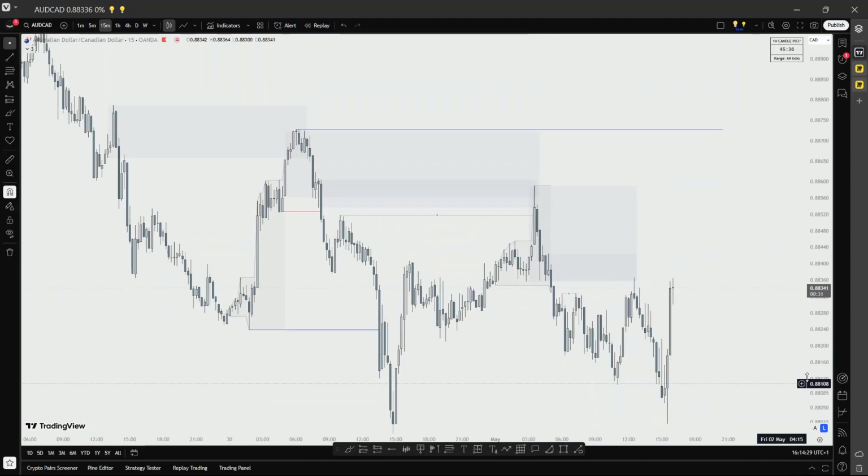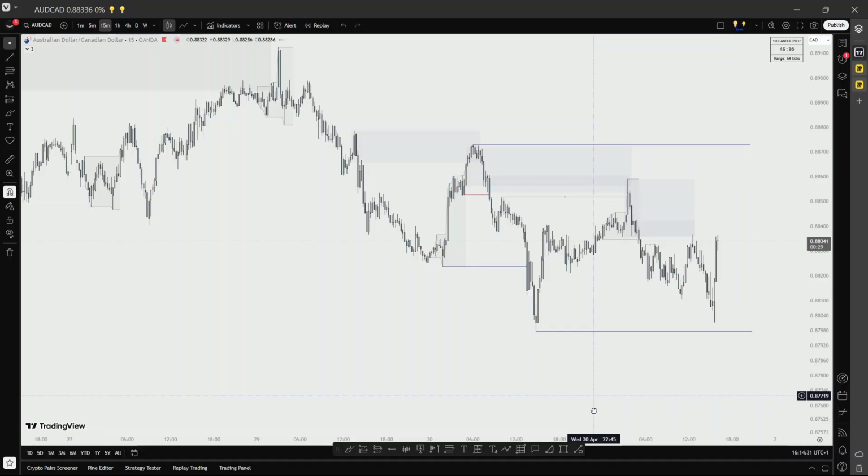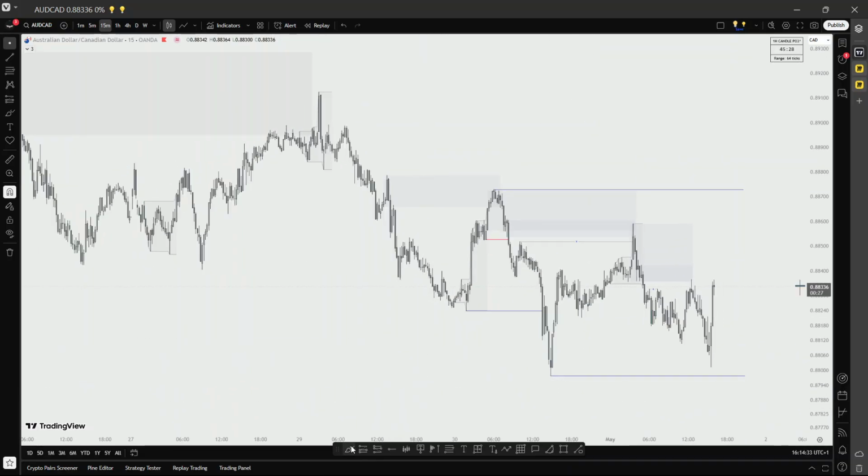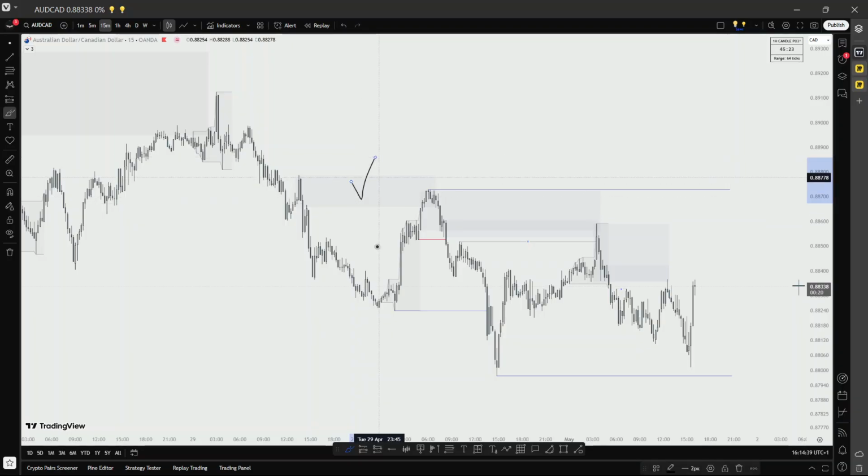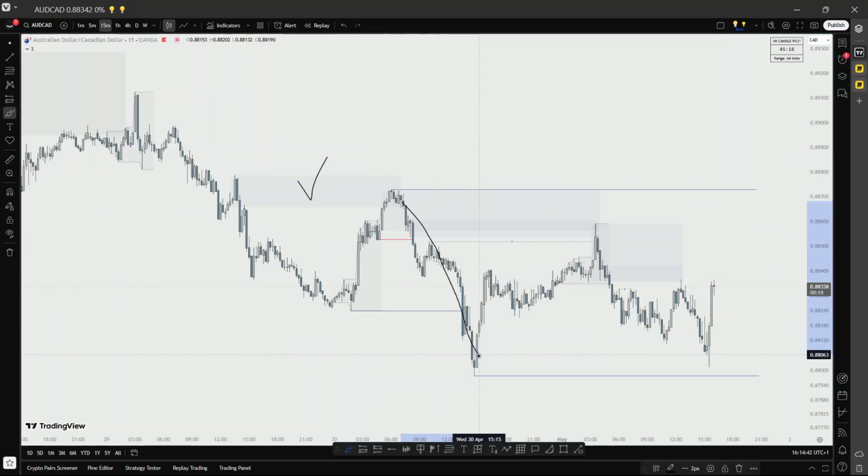If you see the overall structure, that was the 4H supply. We have a very nice sell-off from this 4H POI, mitigation of this 1H POI, and coming into the chart, I see this corrective pullback into this 1H POI, which was again stacked with this M15 POI.